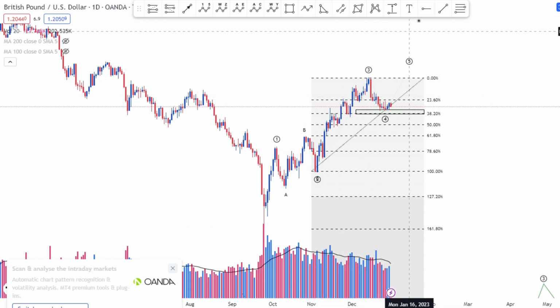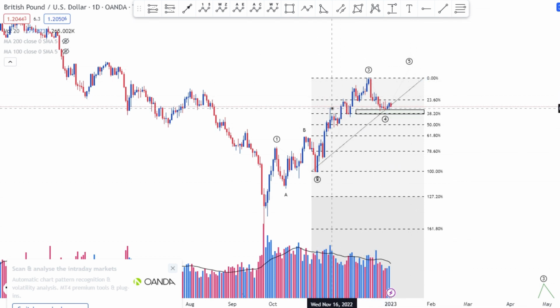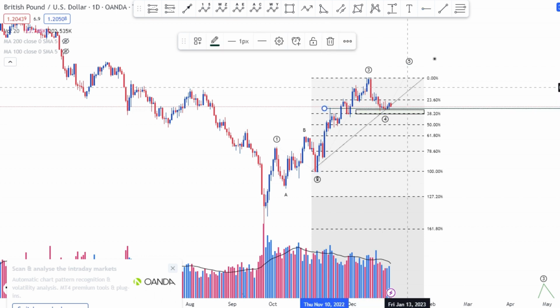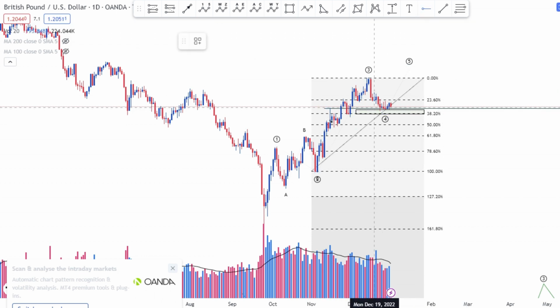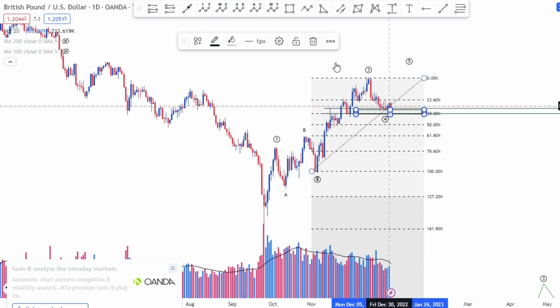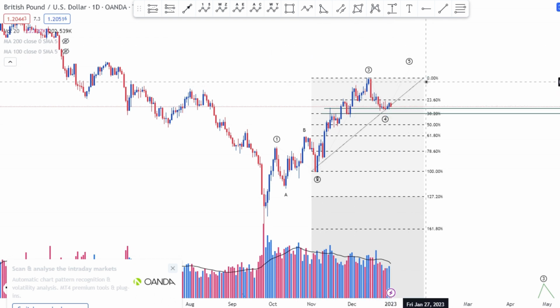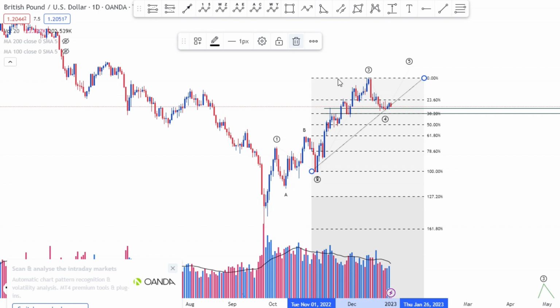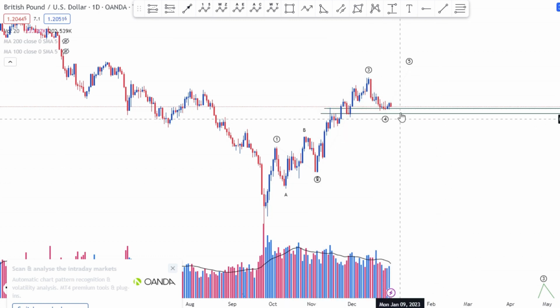We are seeing this point. Yes, so the market is trying to reverse around this point, which is the 38 level.